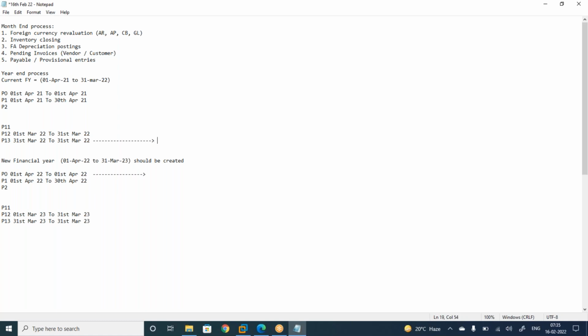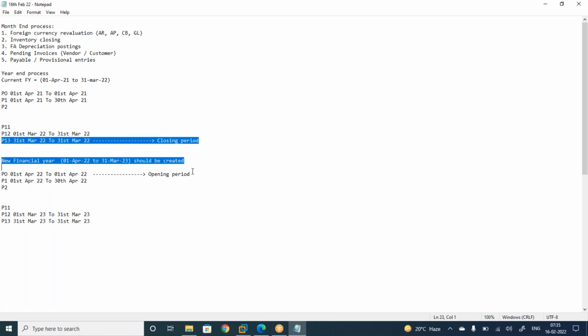This is the closing period. This is the opening period. The balances will be transferred from 31st March 2022 to 1st April 2022. Understood?